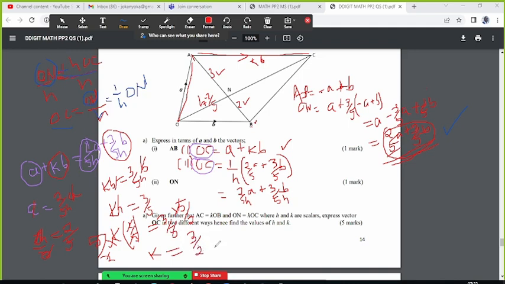So K is equal to 3 over 2 and H is equal to 2 over 5.